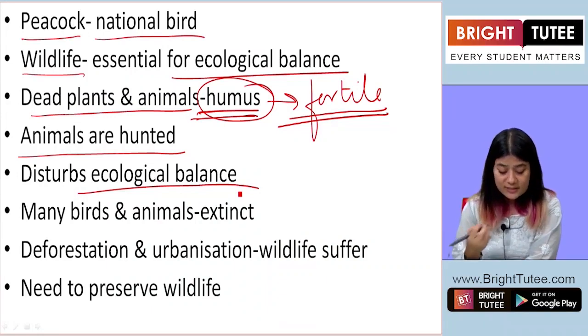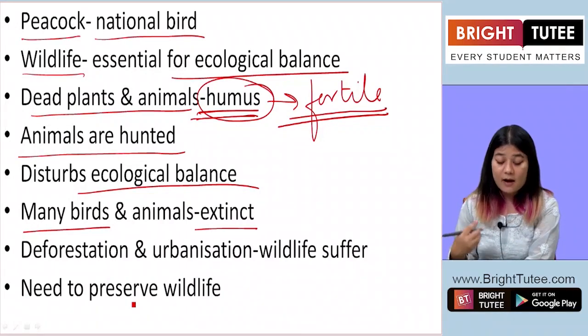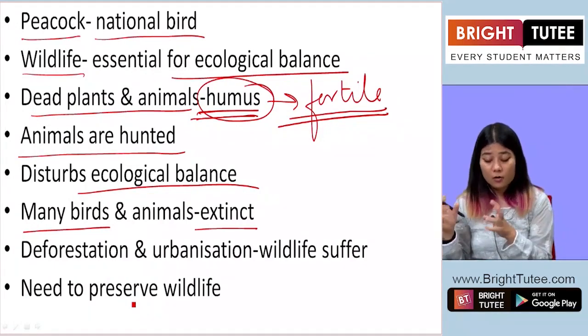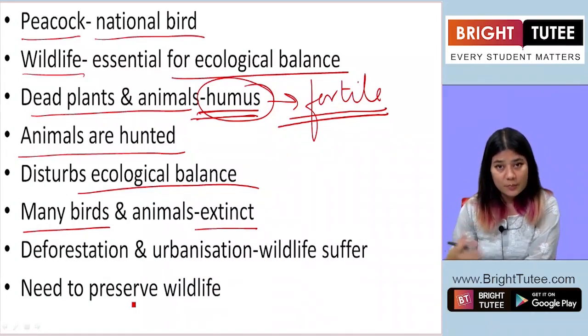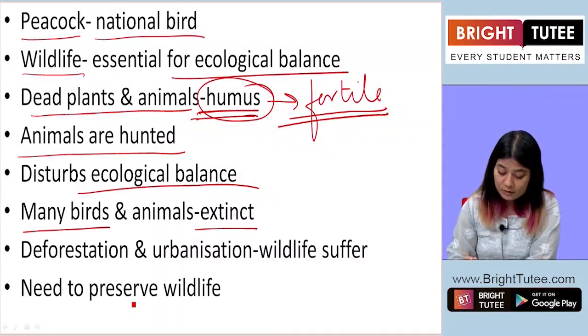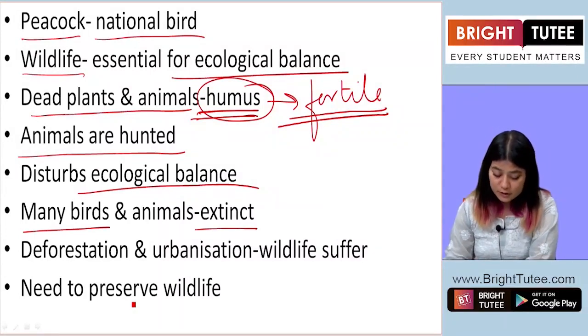And just like animals, many birds are also going extinct because they are hunted, caught and then sold illegally. Such practices, such activities of people, are leading to extinction of many birds and animals, and that leads to disturbances of ecological balance.